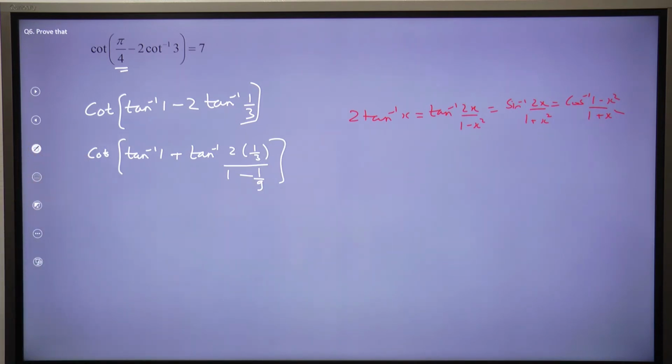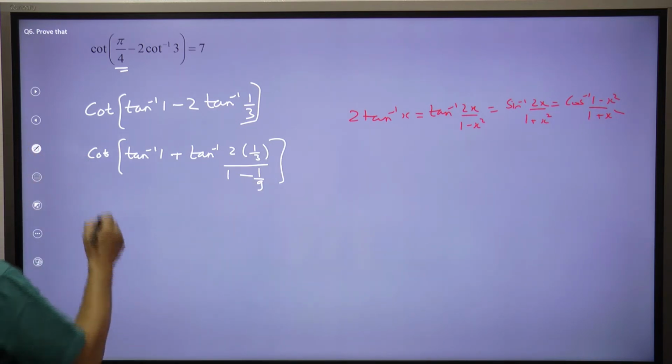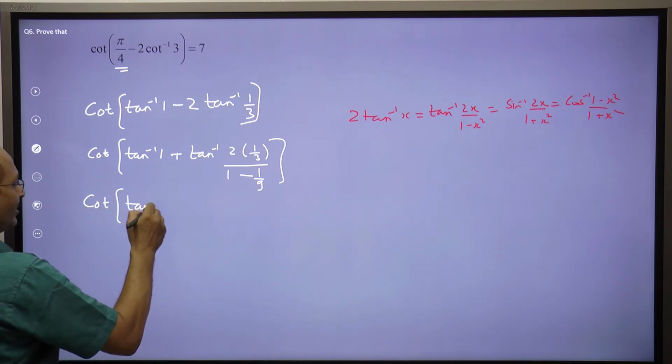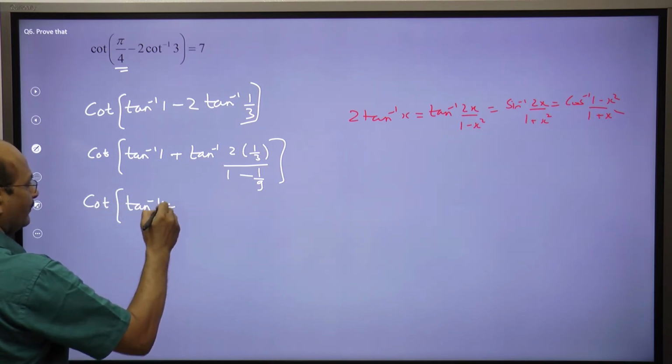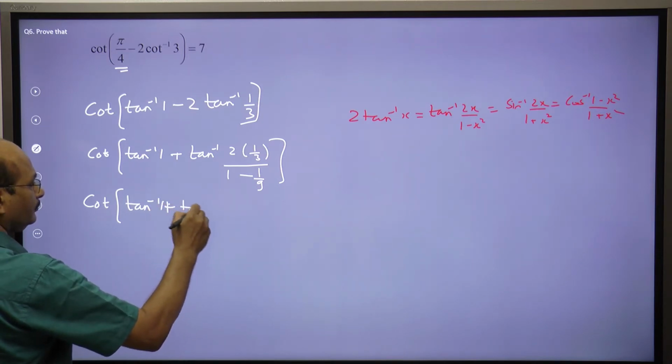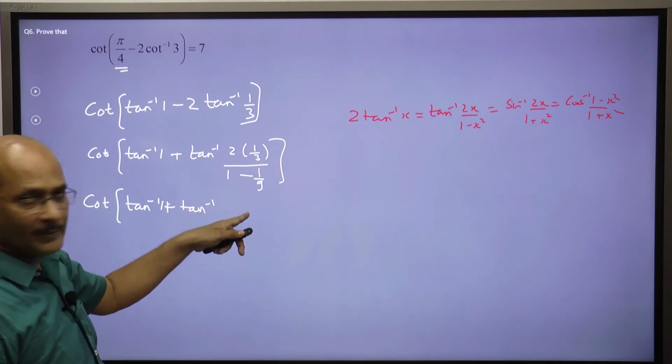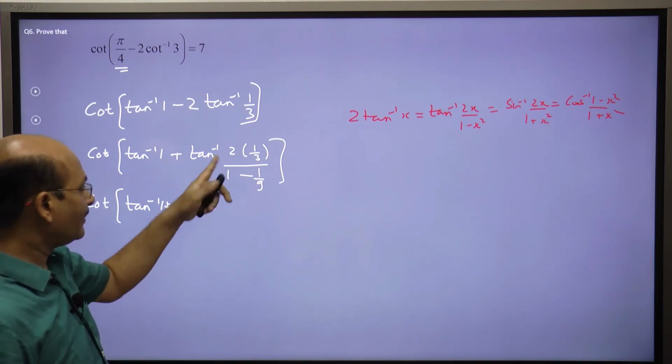Right? If you have a calculator, you can quickly do it. So I will go ahead with this. I'll keep this cot as it is. I'll just simplify the inner portion first. Tan inverse 1 plus tan inverse. Now what happens? Let us see. 2 by 3, 8 by 9, so 3 by 4.